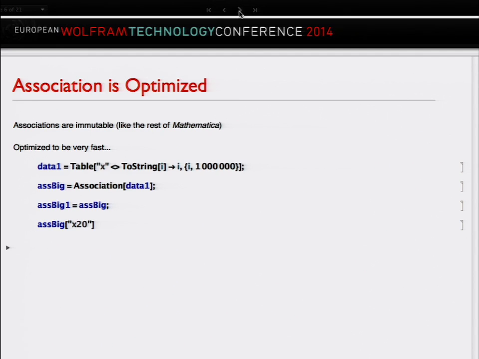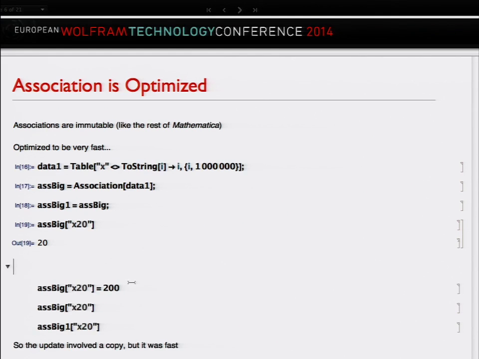I talked about this yesterday, but I'll just reiterate this. Association is very optimized. I'm creating an association with a million elements, and it builds up quite quickly. Now what I'm going to do is make a copy. So this points to an association, this points to the same one, and if I look something up, it returns the value.